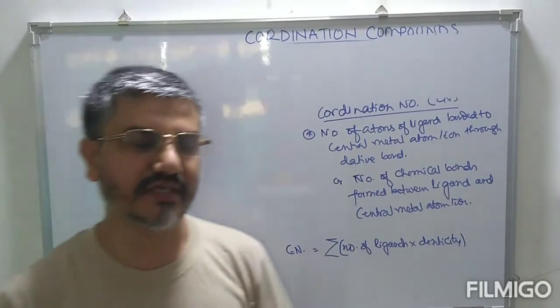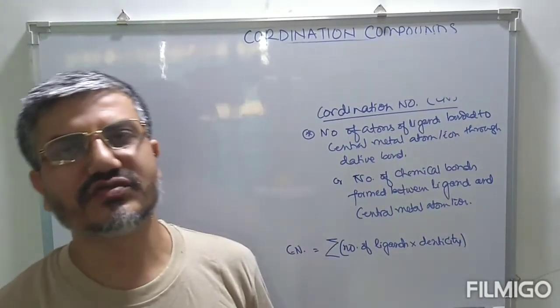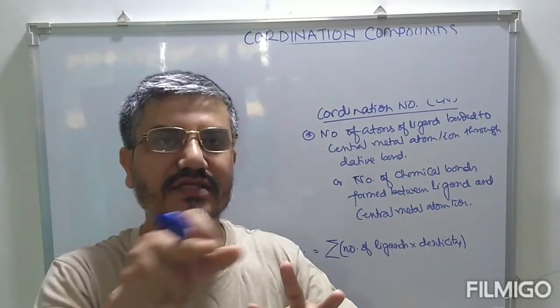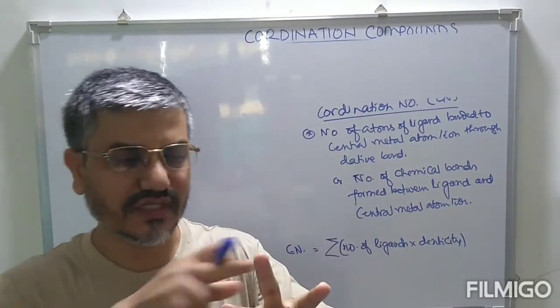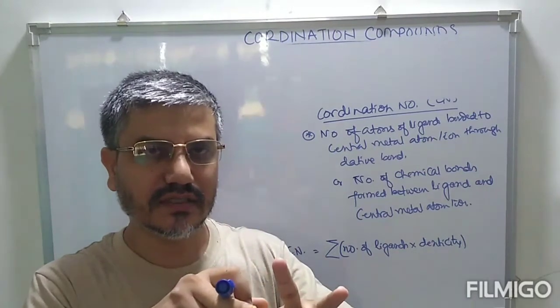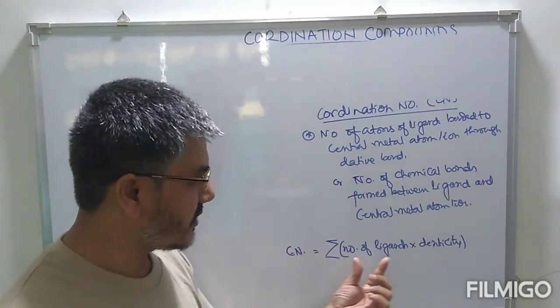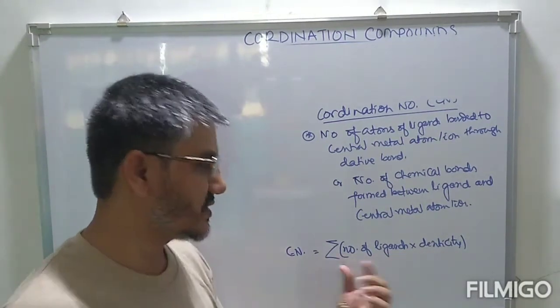Or there may be some ligands which contain 3 ligating sites, and these 3 atoms may simultaneously form bonds with the central atom. So the ligand is 1, but the denticity is 3. So coordination number is the summation of number of ligands into denticity.